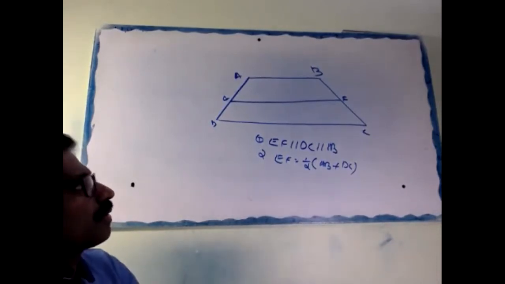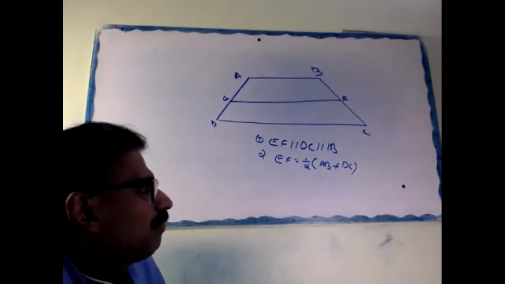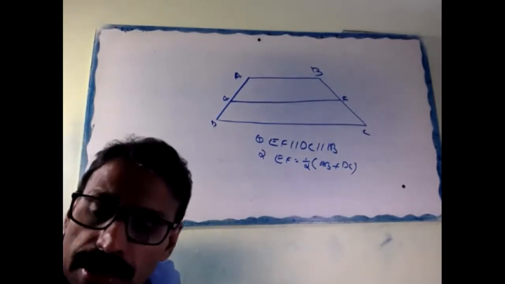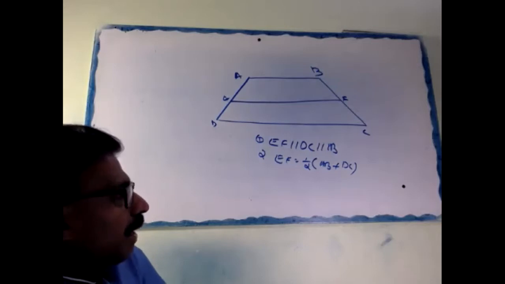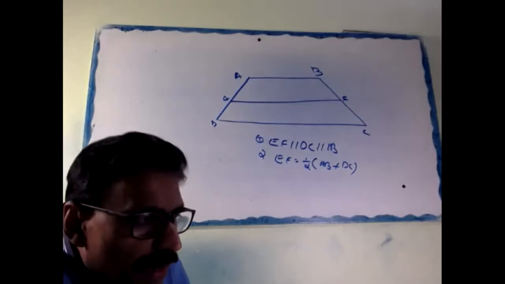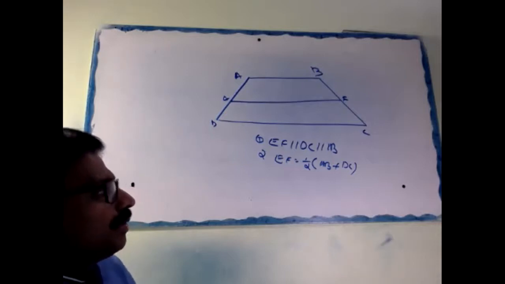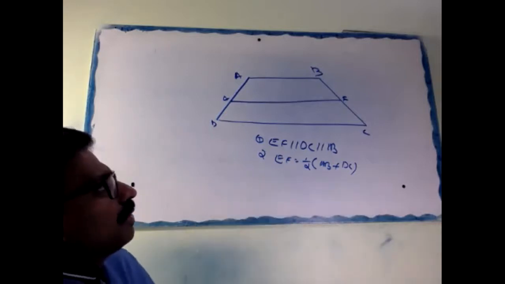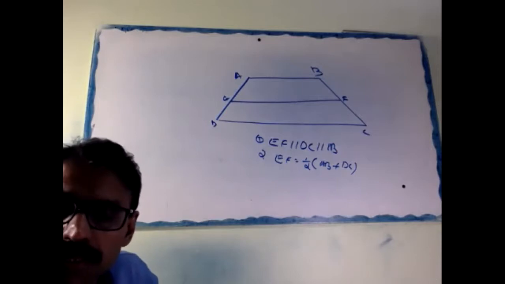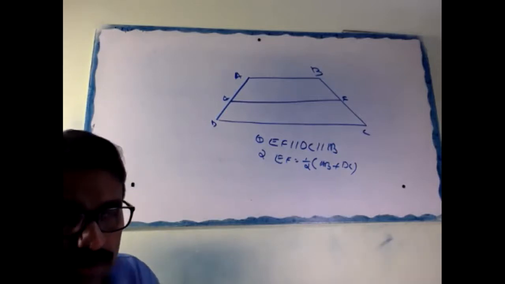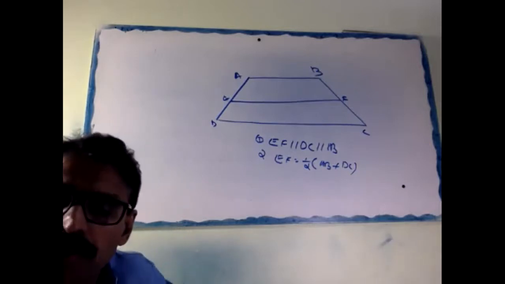To prove: EF parallel to DC parallel to AB, and EF equal to half of AB plus DC. Up to here, okay or not? This will take time.